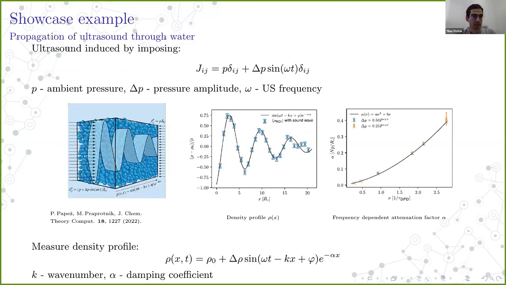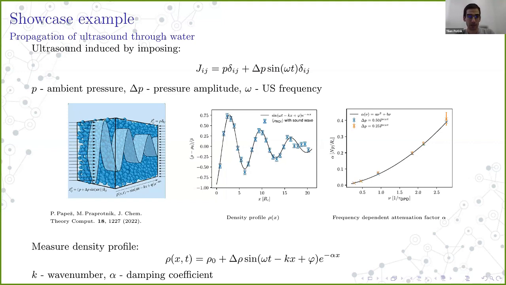And as a showcase example, we have done a simple oscillation of the pressure at one of the buffers. This would be a very simple representation of an ultrasound wave coming from one side.